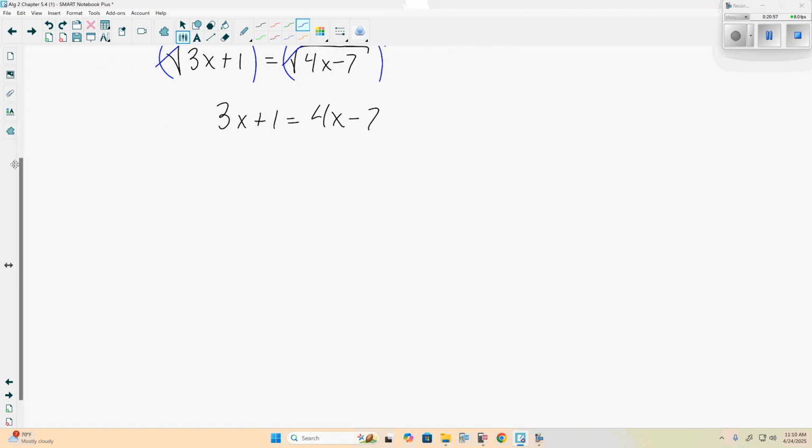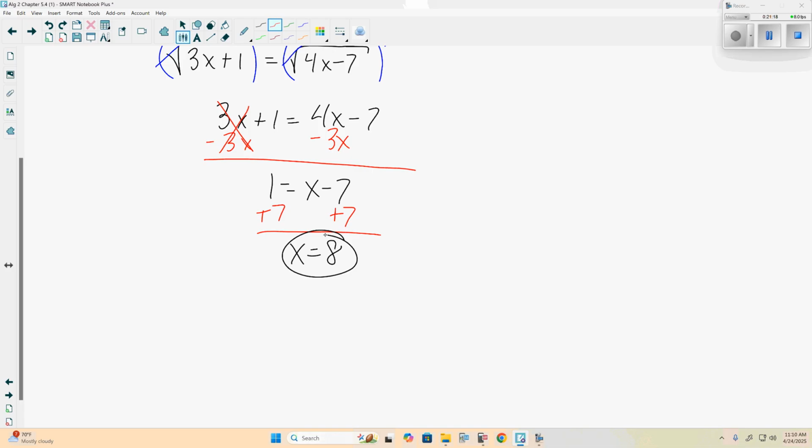No more radicals, so solve for x. Subtract 3x. 3x minus 3x is 0, telling us 1 is equal to x minus 7, and then we can add 7, telling us x is equal to 8.